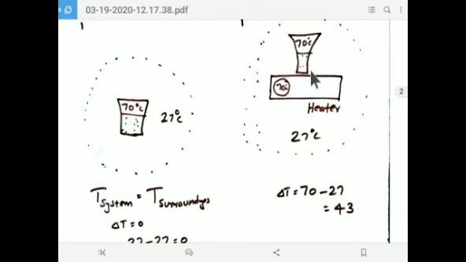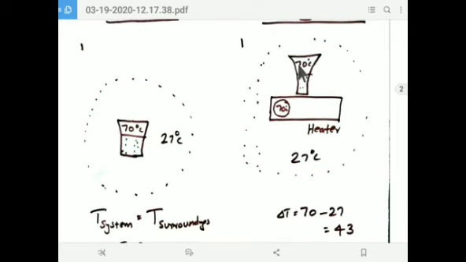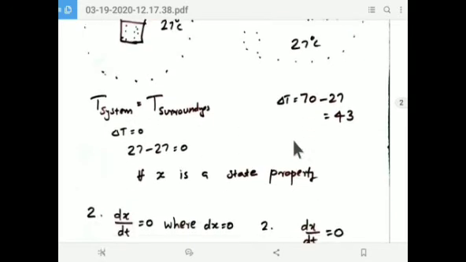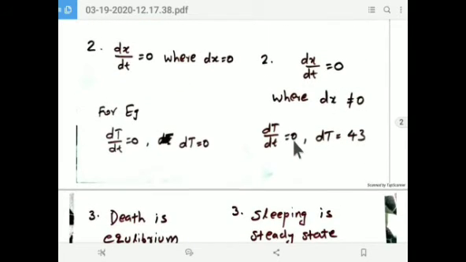But here, the system temperature is 70 degrees Celsius and the surrounding temperature is 27 degrees Celsius, so a constant heat flow is maintained. Mathematically we can write dT by dt is equal to 0 because the temperature is constant over time, but delta T is 43, not equal to 0.